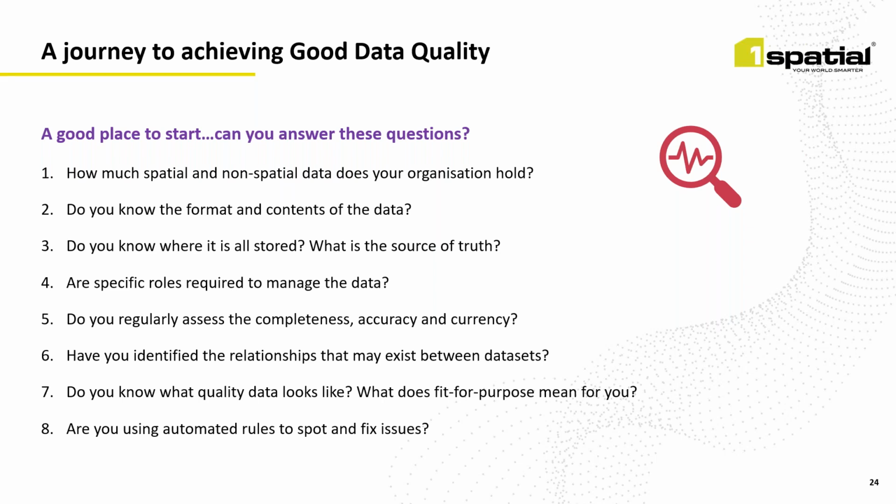So are we missing a trick by not putting relationships within our data? Do you know what data quality looks like for your intended purpose? And are you using automated rules to spot and fix those issues? Automation is really important for saving lots of time, ultimately saving money, saving our reputation and all those things that we spoke about at the start.